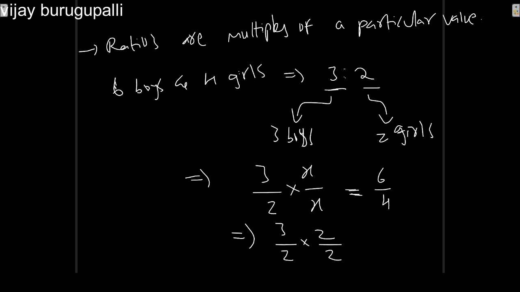That means 3 by 2 into 2 by 2 will give the value of 6 by 4. That means here 3 into 2 equals 6, which is the number of boys, and 2 into 2 equals 4, which is the number of girls.